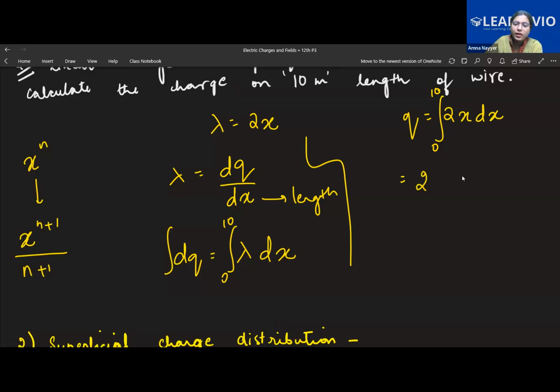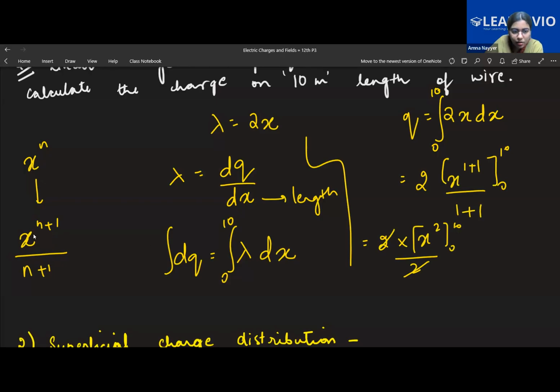So 1 plus 1, divided by 1 plus 1, from 0 to 10. So look, 2 into x square from 0 to 10 divided by 2. This 2 gets cancelled. Now you put the upper limit first. After this step, in place of x, you put the upper limit first. So upper limit will be 10 square minus the lower limit 0 square. So what's the charge finally? 100 coulomb. Is it clear, or should I repeat any step?